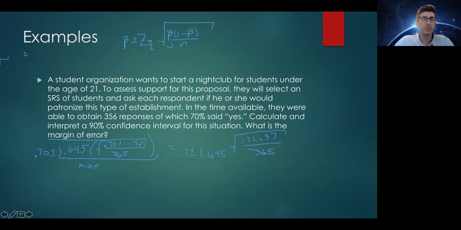So that's 0.21 in the numerator. I'm going to divide by 365. 0.21 divided by 365 is equal to a small number, 0.000575. But we take the square root of that, and that becomes 0.02398.